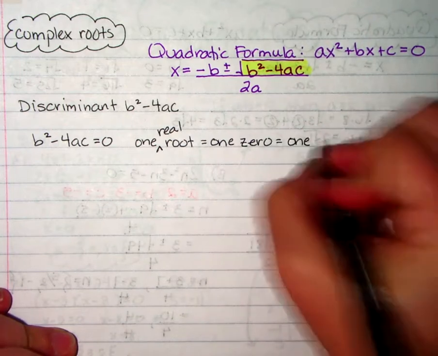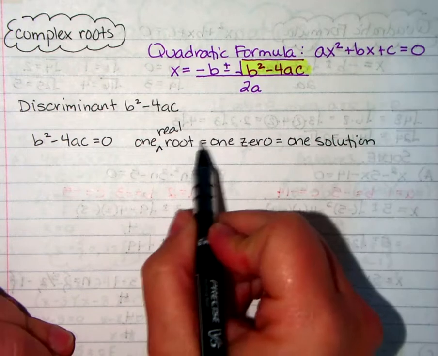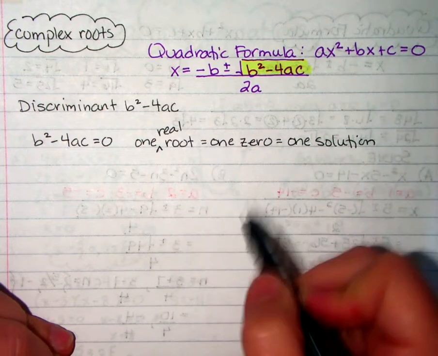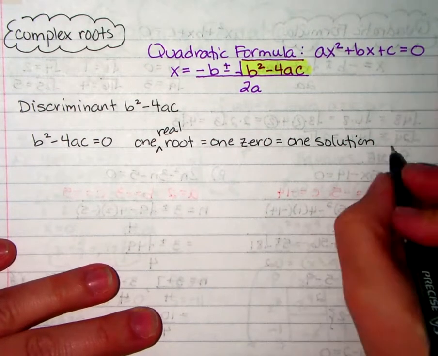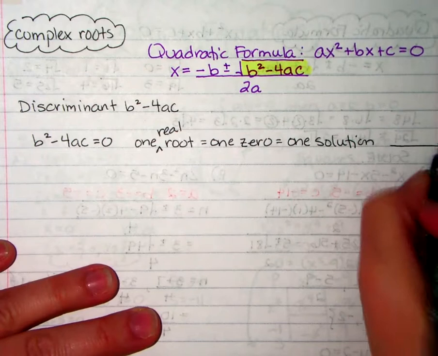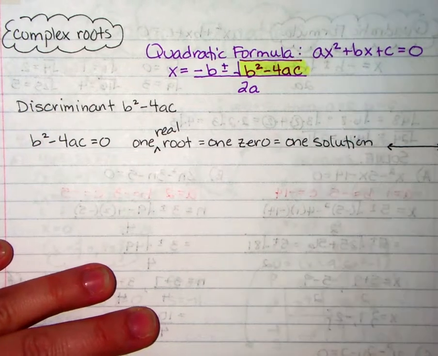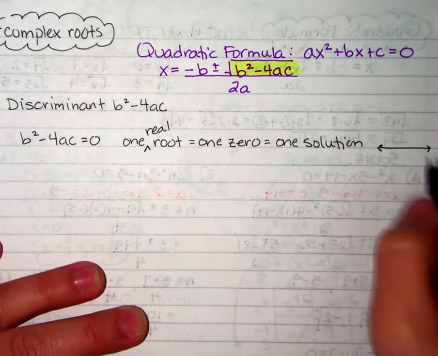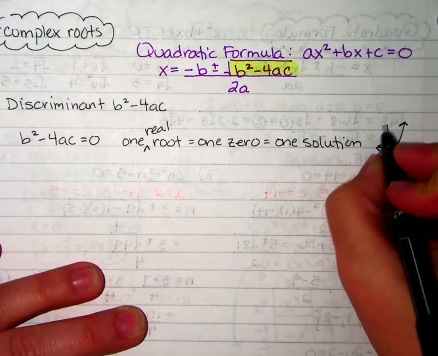All of those mean the same thing. I'm writing equal signs in between them because I could say any one of these and it would have the same meaning. And as we start graphing equations, you're going to get a parabola. It may open up or down, but it's going to touch at exactly one place on the x-axis, and that's going to be my real root.